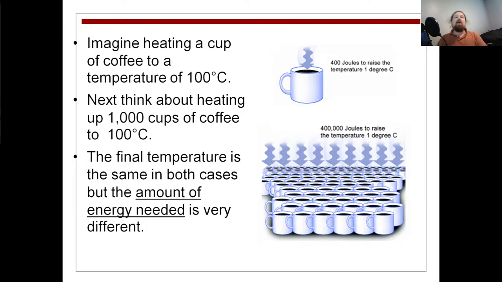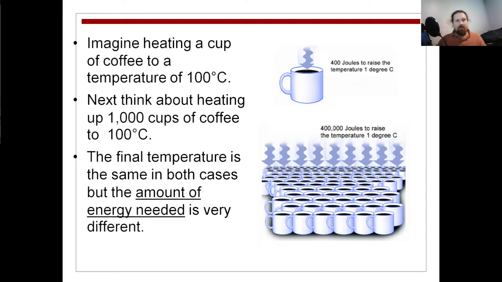There would be 1,000 times more thermal energy in that total amount of coffee because there's 1,000 times more material that needs a certain amount of thermal energy to be at that temperature in the first place. So, how much thermal energy something has does not only depend on its temperature. It also depends on how much material there is.